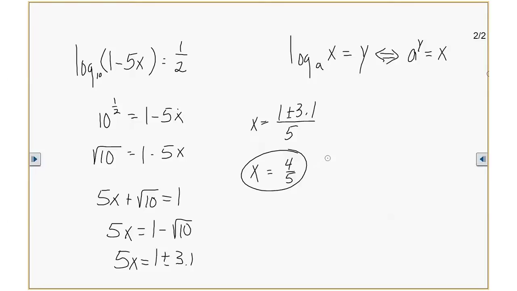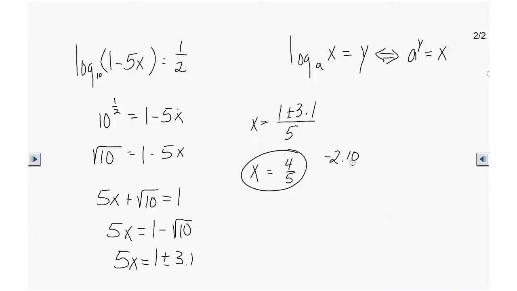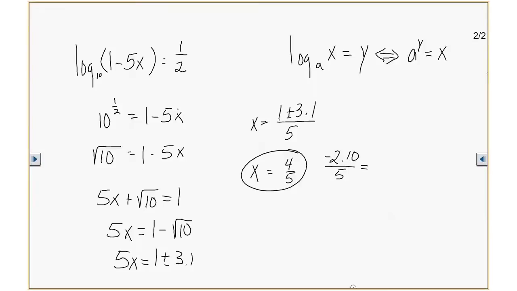So negative $2.10 over 5, which is equal to, how many fifths within a dollar? 20, right? So that'd be 40 plus 2, 42. Somebody check my math. Negative 0.42. Somebody check me.